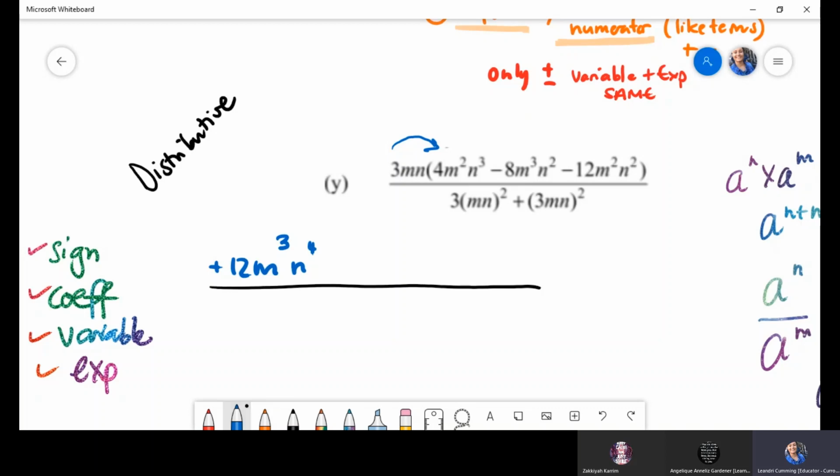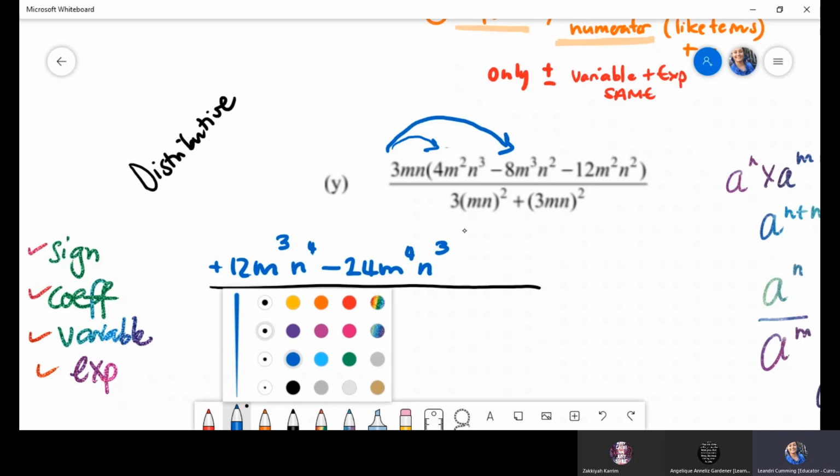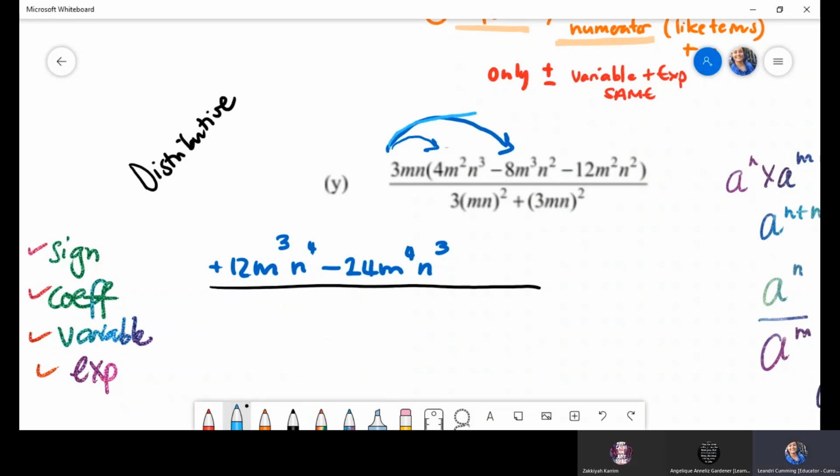Back to my 3. Next term. Positive times a negative is a negative. 3 times 8 is 24. M to the power of 4, n to the power of 3. Let's go back one step. That whole 3n now needs to be multiplied by the third term in the bracket.